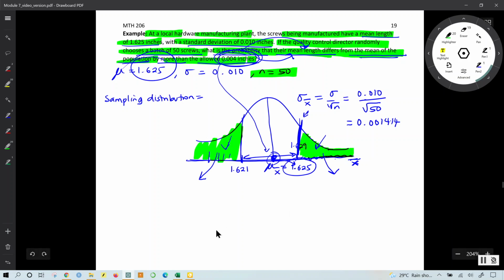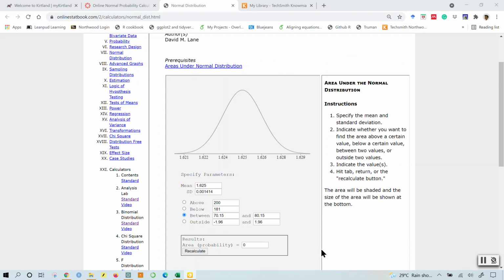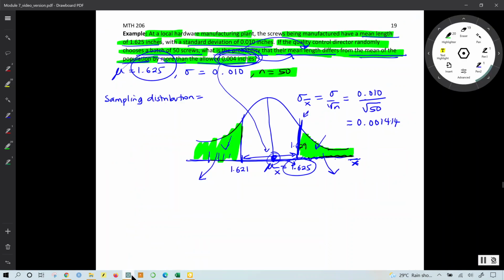So what I'm going to do is key in the mean value and the standard error. In my normal calculator, I've keyed in the parameters of this sampling distribution. The mean is 1.625 and the standard deviation is 0.001414, which were obtained earlier.